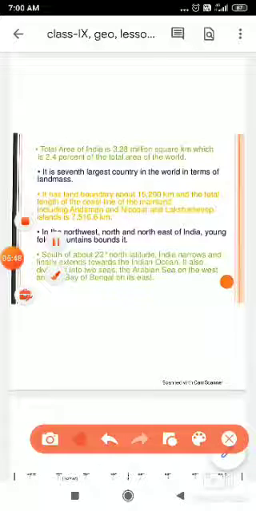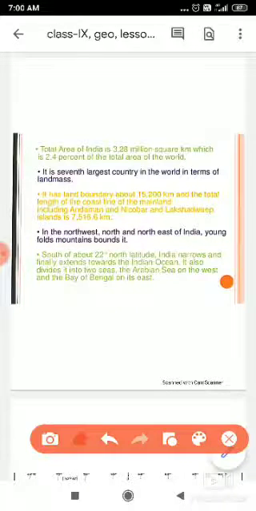Then how will you find in which direction what is? Suppose that you have drawn the map of India. Then how to find this? In the south we have Indian Ocean. In the east we have Bay of Bengal. In the west we have Arabian Sea. In the north we have Himalayan mountain. We call it also Young Fold mountain.